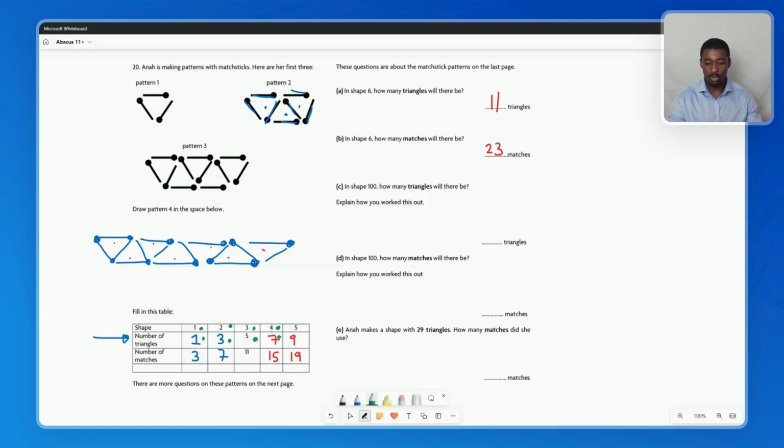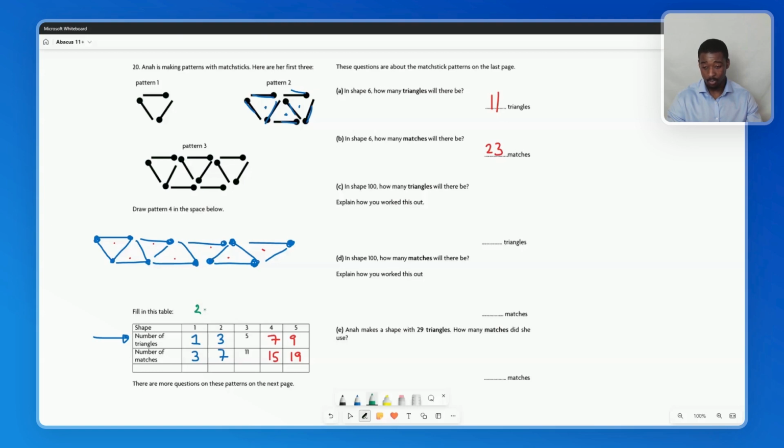Okay, so what's going on here? You might be able to see a pattern. To work out the number of triangles, it's almost like we're doubling the shape number. So this times 2 is 2, and then we're minusing 1. So for shape 1, we're doubling it, or timesing by 2, to get 2.